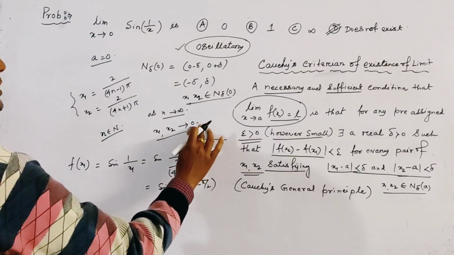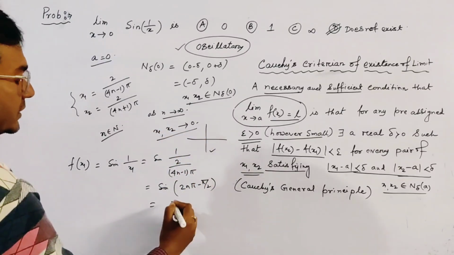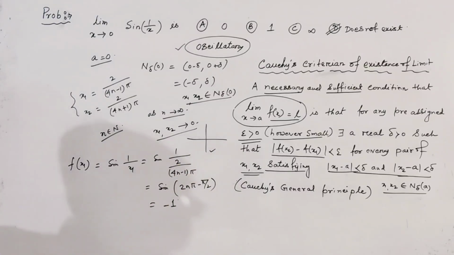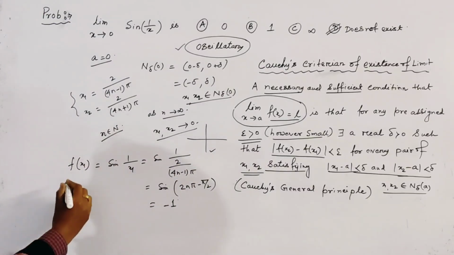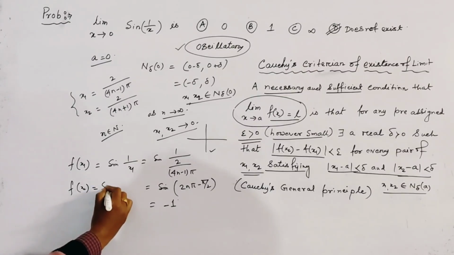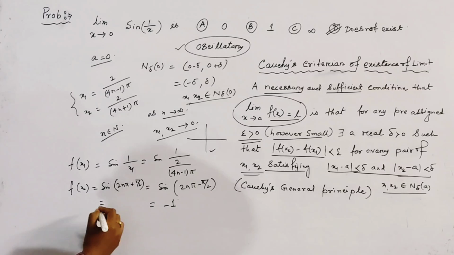This is the quadrant of cos, where only cos is positive. So we get this value as minus 1, because this is minus sine pi by 2. Similarly, f of x2, we directly write this result: sine of 2n pi plus pi by 2, and this value is 1.